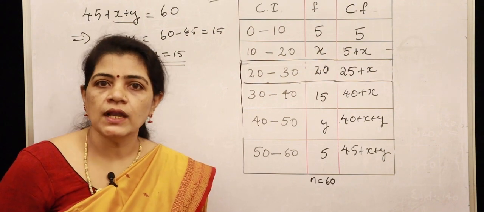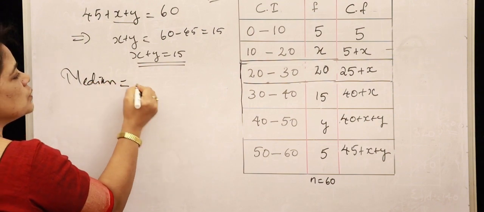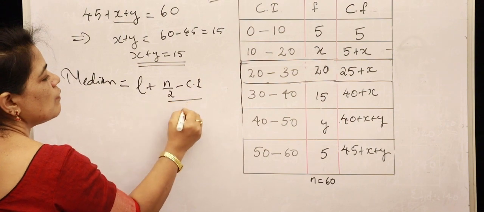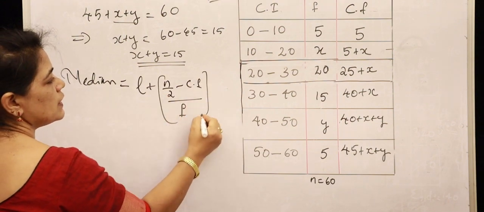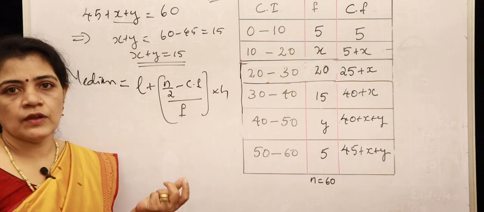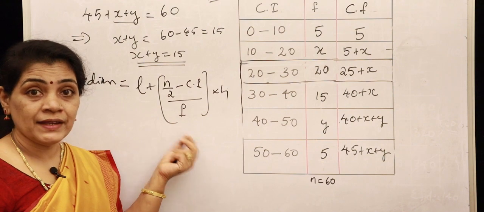By formula, median is equal to L plus n by 2 minus CF divided by f into h. Okay, so in the next step we are going to substitute the values in the median formula.